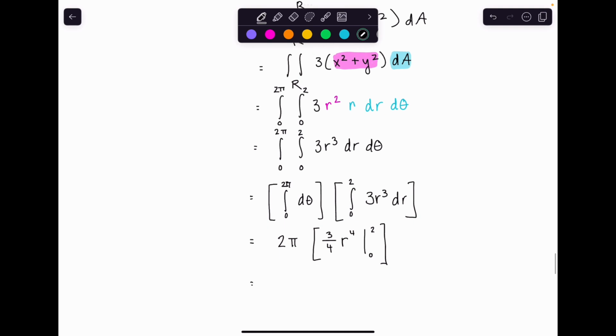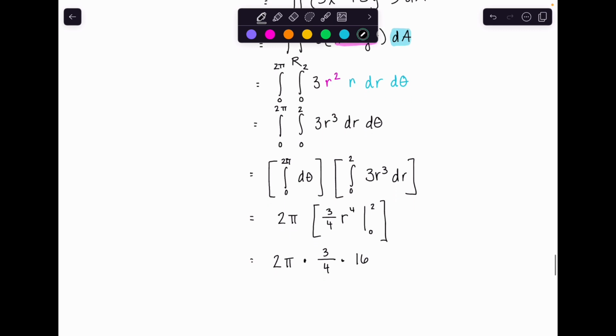So that's 2 pi. When you plug in 0, it'll be nothing. So this is 3 over 4. And then 2 to the 4th ends up being 16. So simplifying this a little bit, that gives me 4. So 4 times 3 is 12, times 2 in total gives me 24 pi.